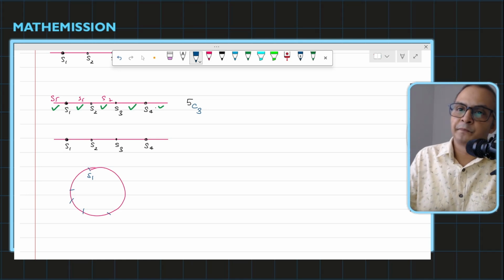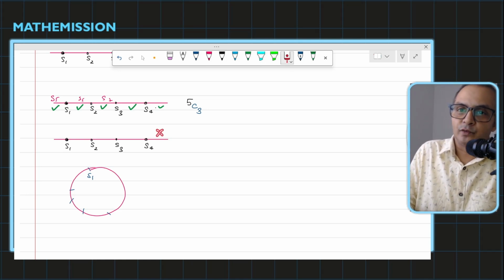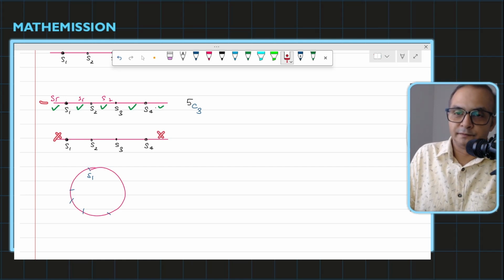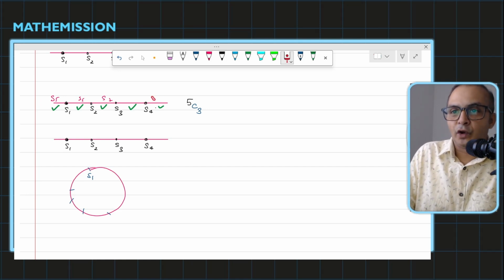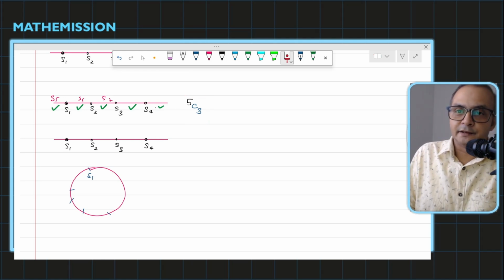So in the circular case, these 2 places that we had in the linear version are now considered to be 1. It means that in all these linear counts there is 5C3. If I remove those counts in which the 2 places are not taken, then we can get the answer to our requirement.